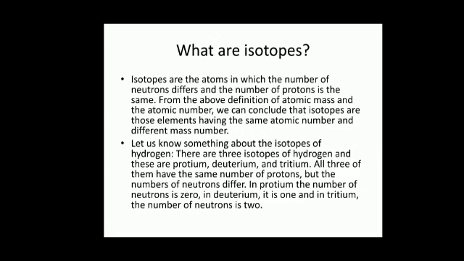There are three isotopes of hydrogen, and these are protium, deuterium and tritium. All three of them have the same number of protons, but the number of neutrons differ. In protium, the number of neutrons is 0. In deuterium, it is 1, and in tritium, the number of neutrons is 2.